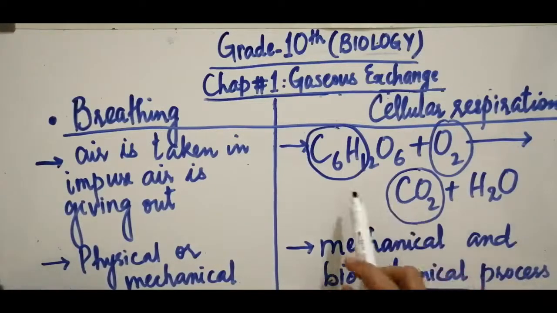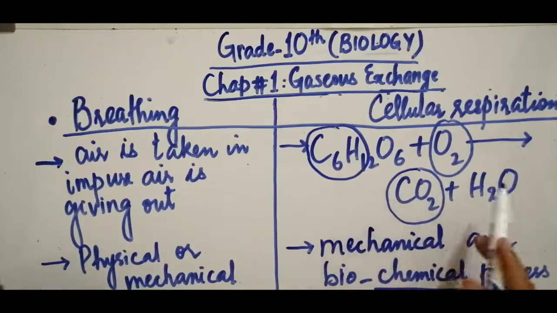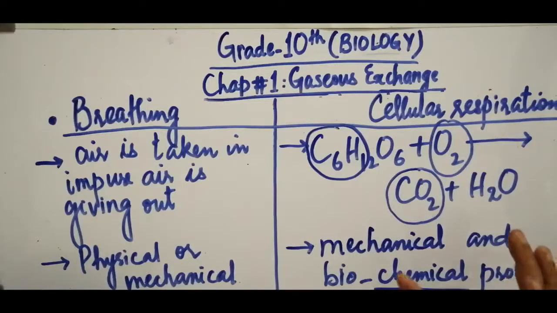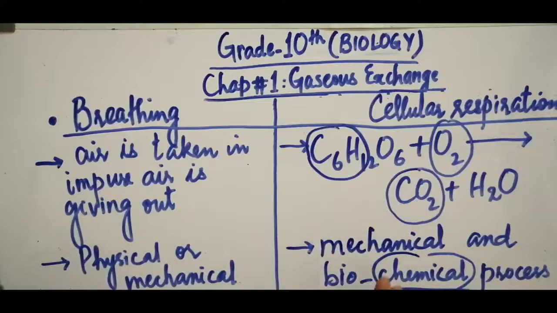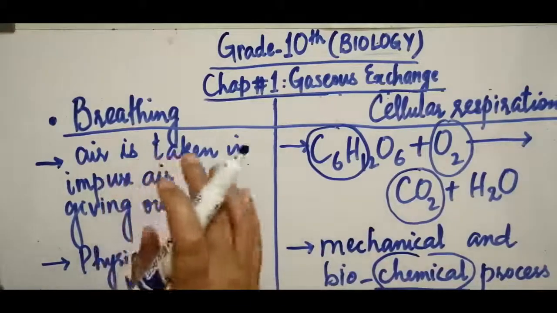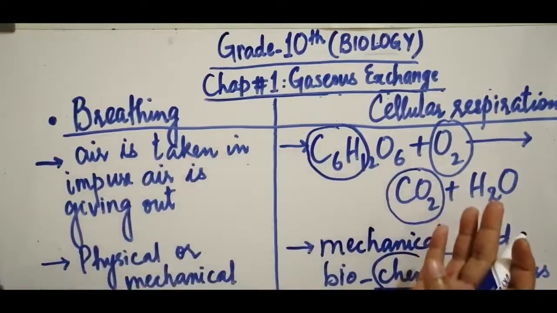By showing this whole process in the form of an equation, we can clearly show that a biochemical process is one represented in the form of different chemicals, formulas, or symbols. So these are some of the major differences which you have to write between breathing and cellular respiration.